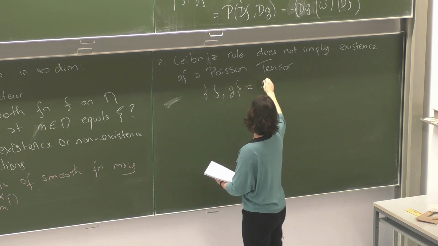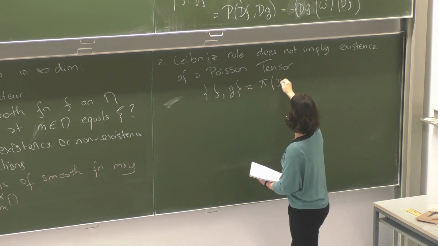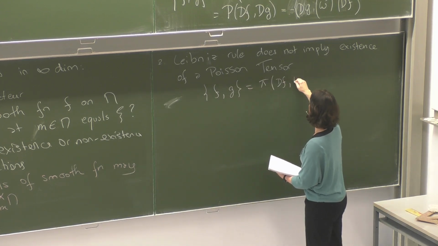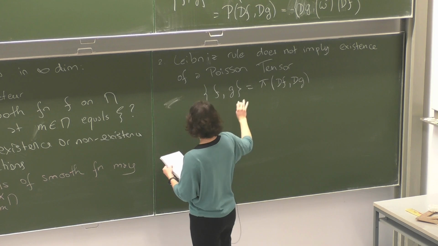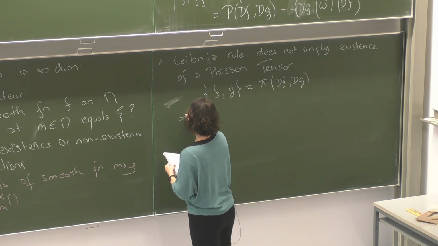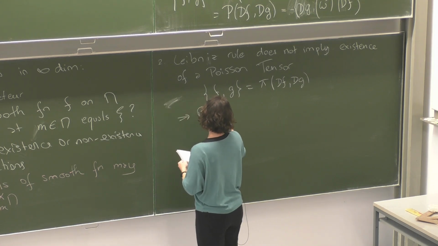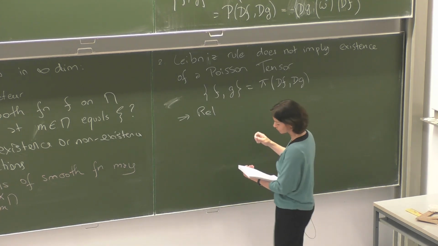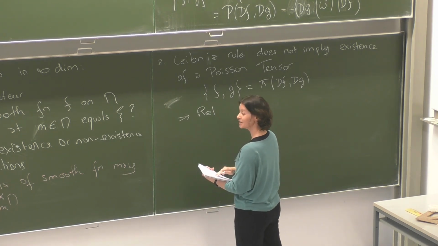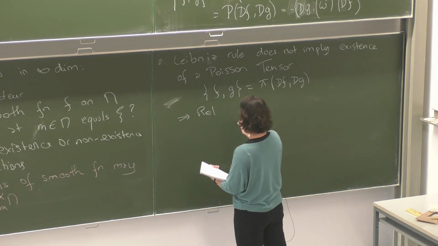If you have a bracket, the Poisson tensor is a tensor that eats the two differentials. This may not exist, and it is related to the fact that there are queer tangent vectors. These queer tangent vectors were introduced by Kriegl and Michor.